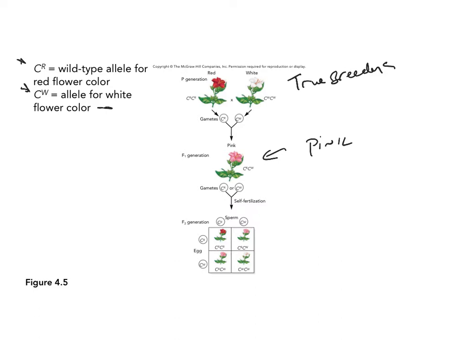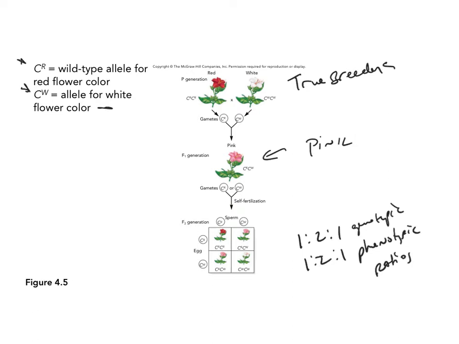Now, when you actually mate two heterozygotes, you get a very different ratio of offspring than you would see in a complete dominant situation. Here we still have the classic 1:2:1 genotypic ratio, but in this situation our phenotypic ratio actually mirrors that. So incomplete dominance can generate equivalent genotypic and phenotypic ratios.